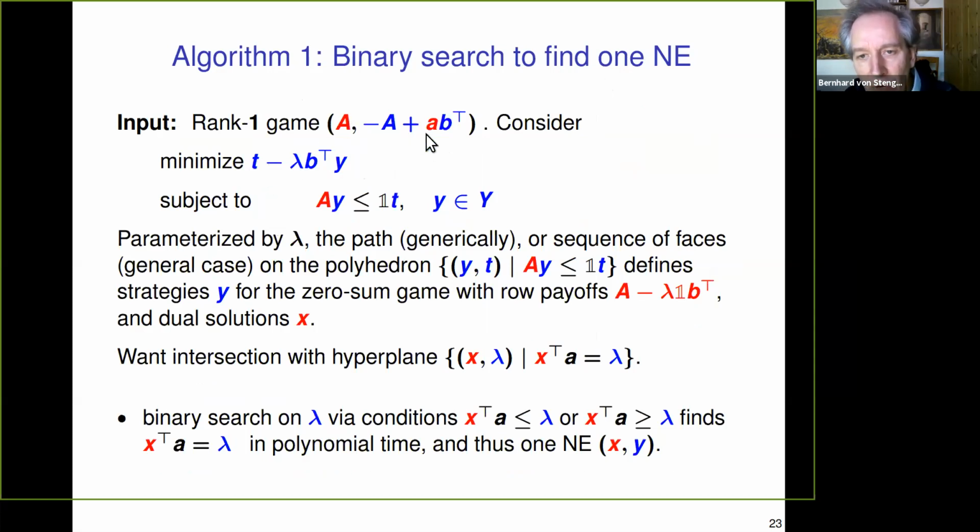We look at this parameterized LP. As I say, it has been very well studied. And so this generates a sequence, a path, or, if it's a generic game, or a sequence of faces in a general case, I would still call it a path on this polyhedron as a function of y.